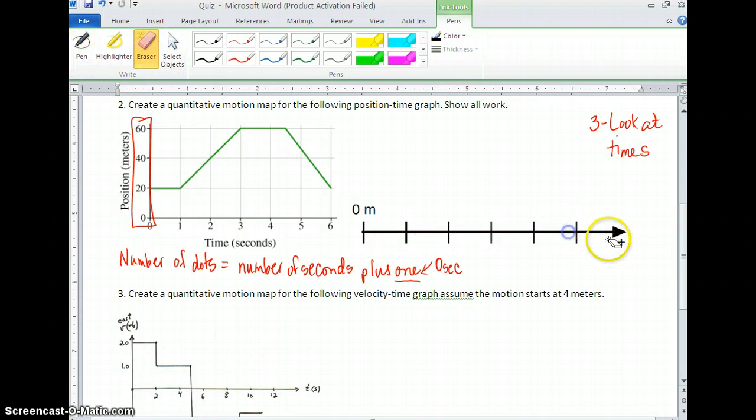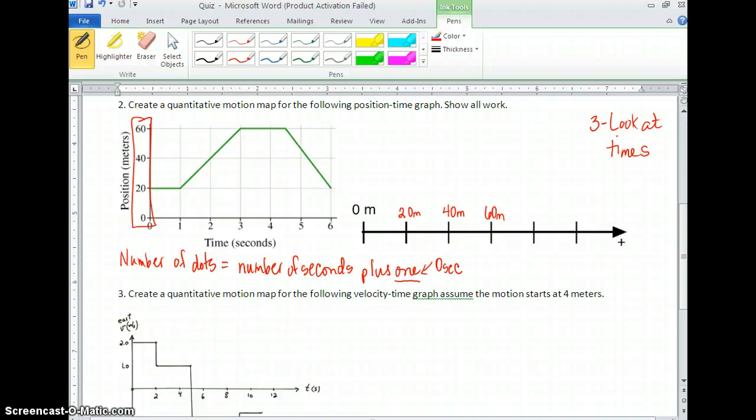So let's go ahead and put down our ranges just like what's on our position over here. So it goes 0, 20, 40, 60. So we'll say 0, 20 meters, 40 meters, 60 meters, and that's all the higher it goes.